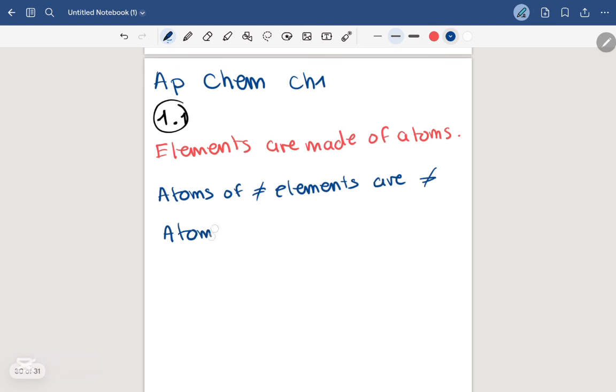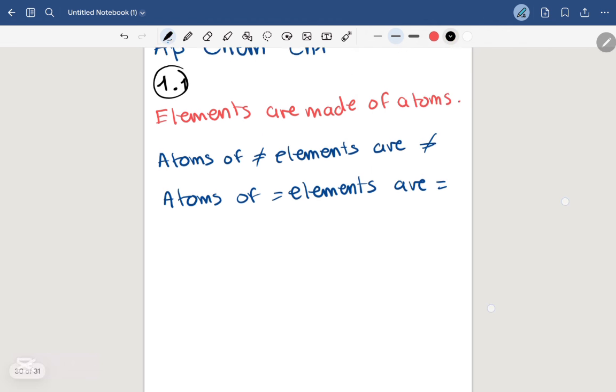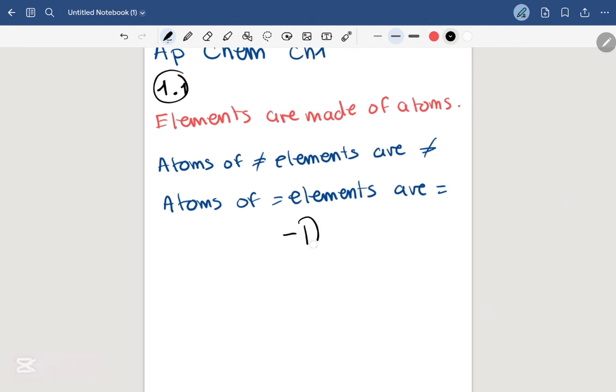Whereas atoms of the same elements are the same. So if they're of the same element, they're gonna be the same atom. If they're of different elements, they're gonna be different atoms. Now this was stated and theorized by who? Theorized by Dalton. He was a physicist or a chemist or both of the above.